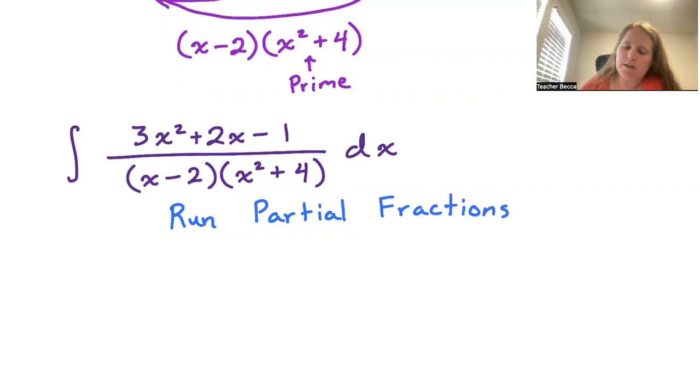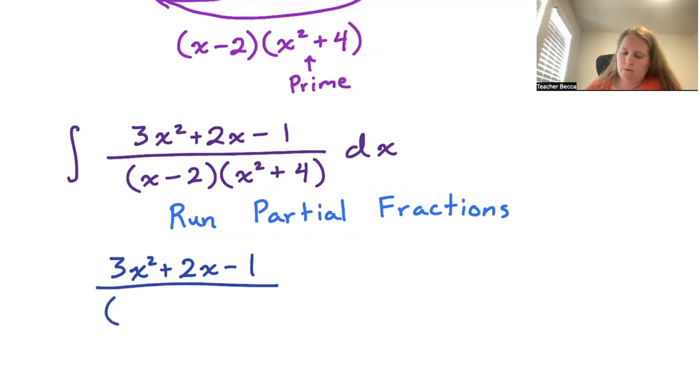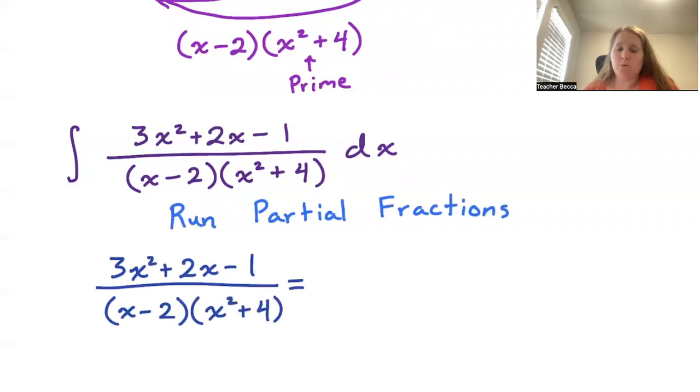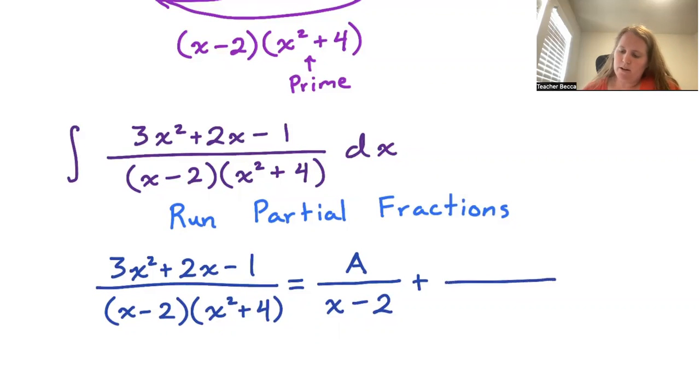So our integrand, 3x squared plus 2x minus 1 over x minus 2 times x squared plus 4, will be set equal to a capital A over x minus 2. For the next piece, we will do a capital B times x plus capital C over x squared plus 4.